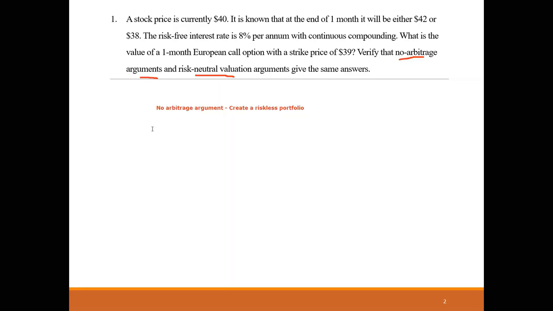And then the other one is risk neutral valuation. Here we are assuming a risk neutral world where the investors do not care about risk. They're indifferent towards risk. So they would not expect any additional compensation or any additional return for bearing risk, because they are indifferent.